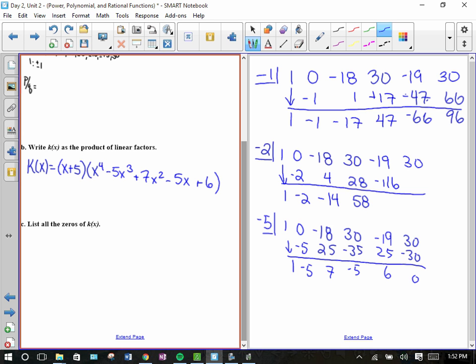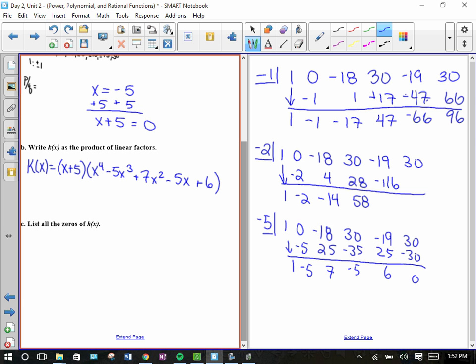Because negative 5 is a 0, so I know that x equals negative 5 is a 0. Add 5 to both sides. X plus 5 equals 0. I did skip that. Alright?